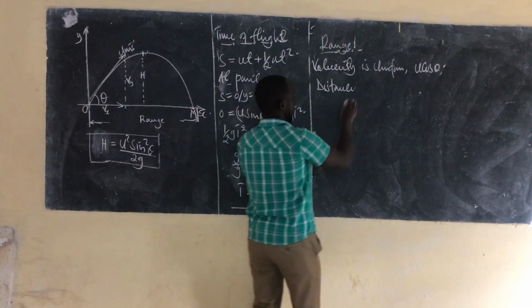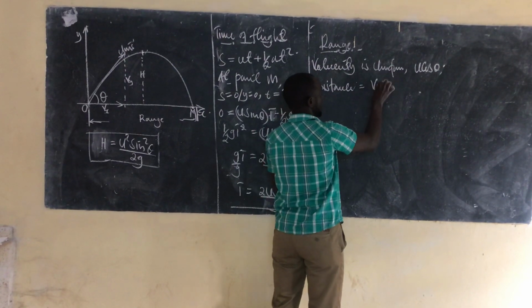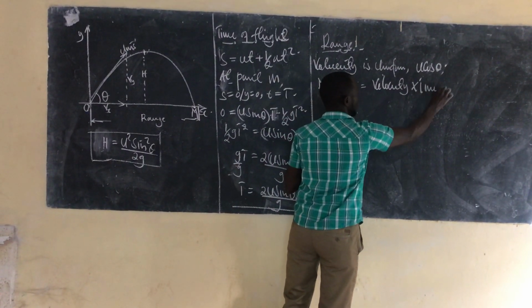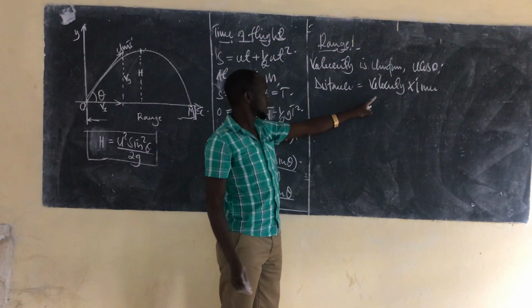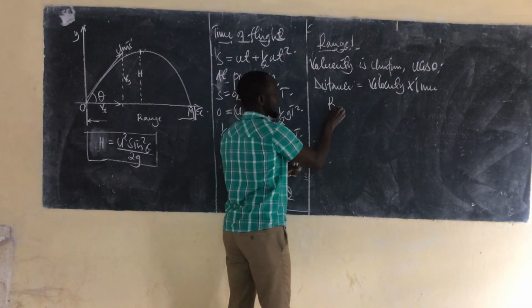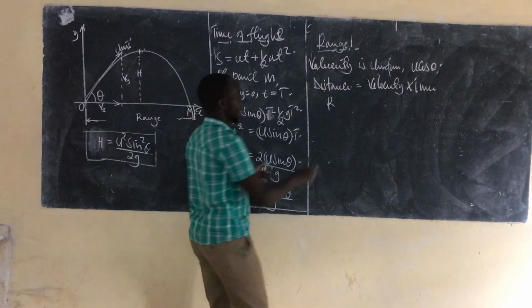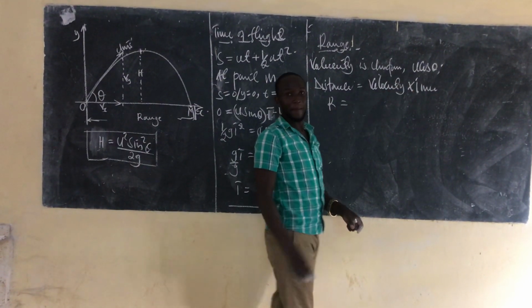So distance equals velocity times time. In this sense, our distance becomes the range that is covered horizontally. Finally, our velocity is uniform, remember.